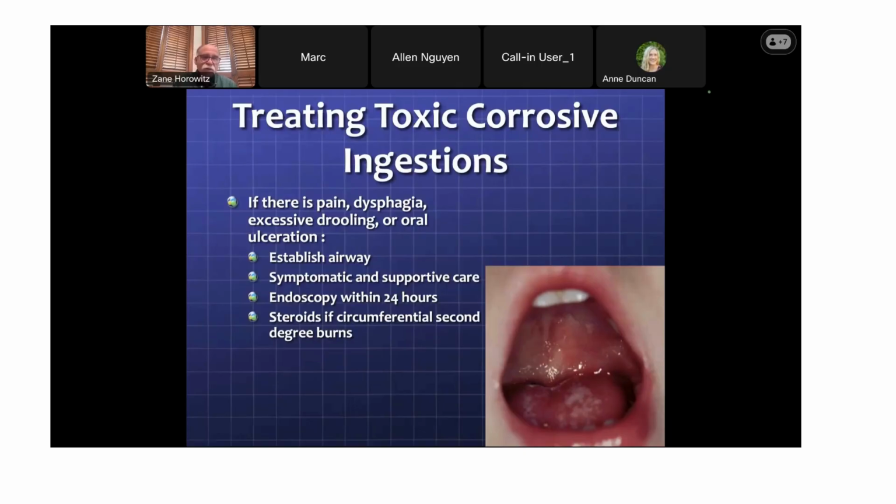But the standard of care has always been they should have emergent endoscopy within 24 hours. And so why? What am I going to do? What do I find?